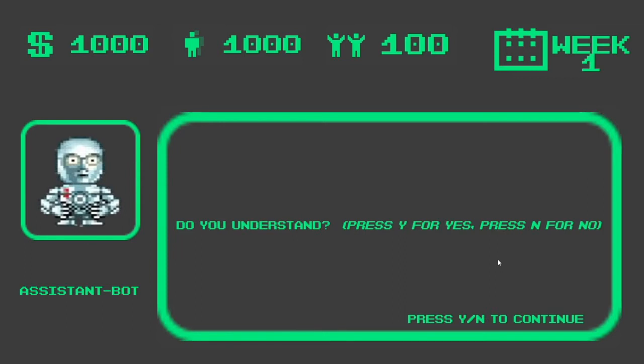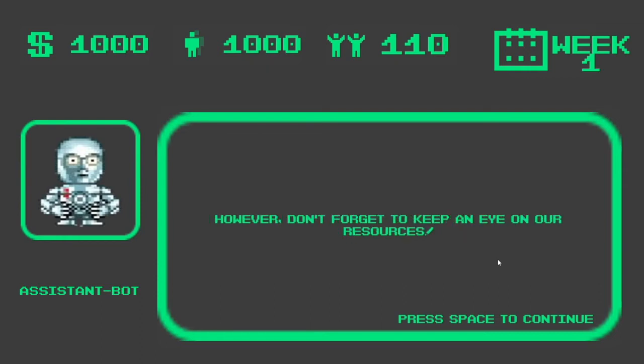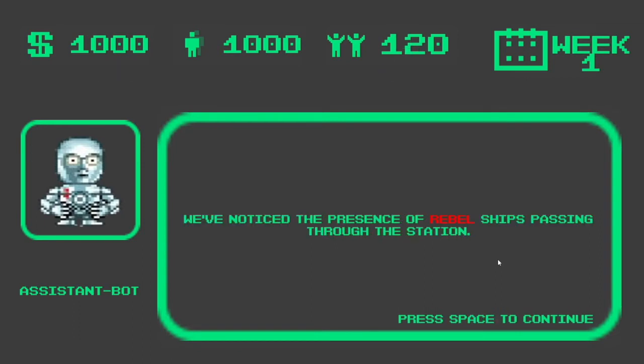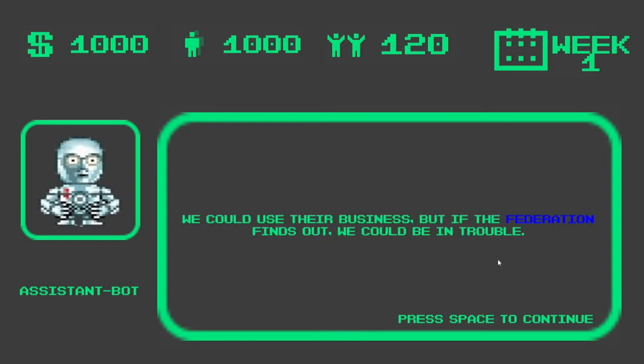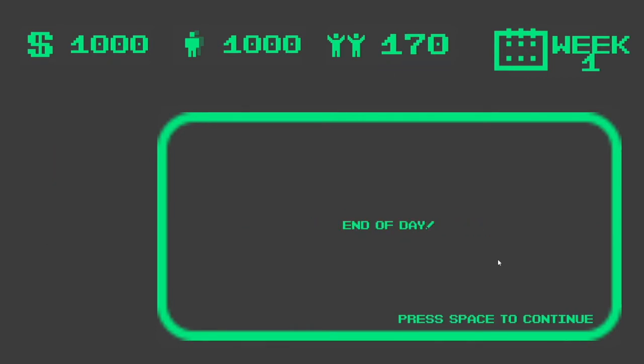I think it'd be quite hard to actually run out of these resources, but perhaps it's possible. Right. Yeah. So I'm going to try and be very anti-Federation on this run. So in terms of game world to story, as far as I can see, that's the only thing.